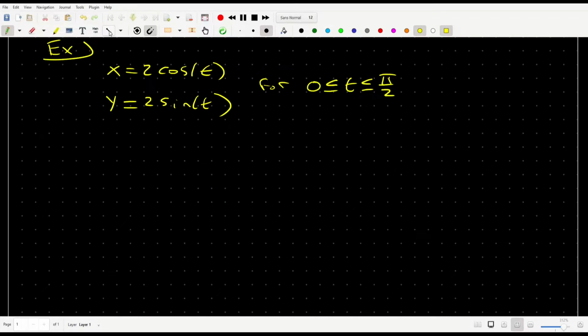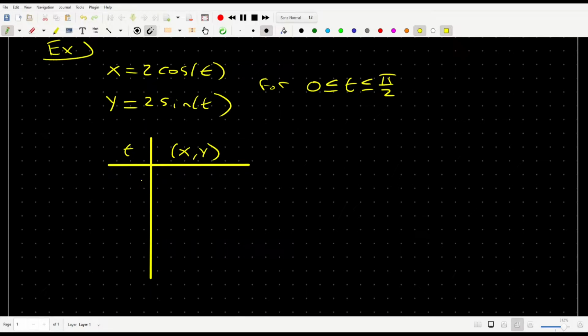And we want to get an idea of what this looks like. In order to do that, we can try and fill out a table with the value of the parameter in one column of the table, and the value of the point in the other column.